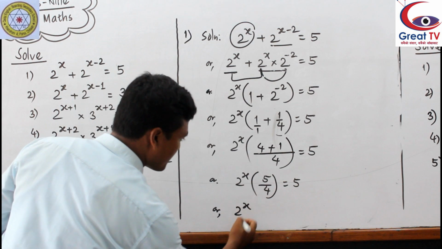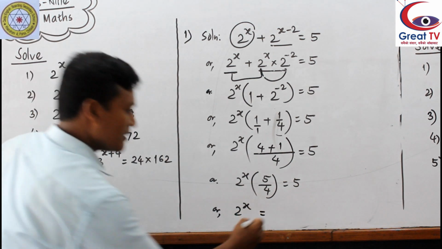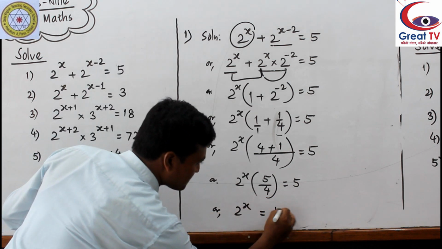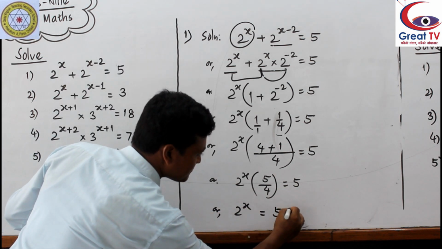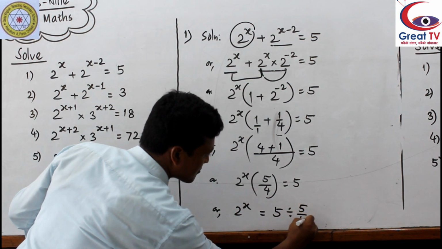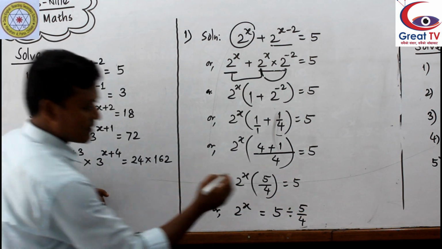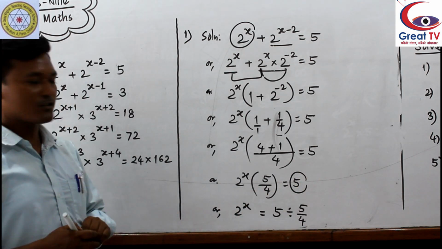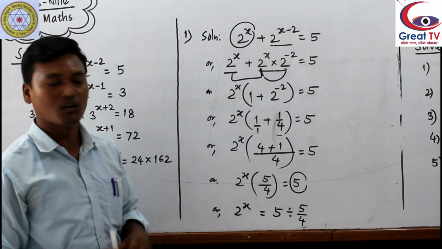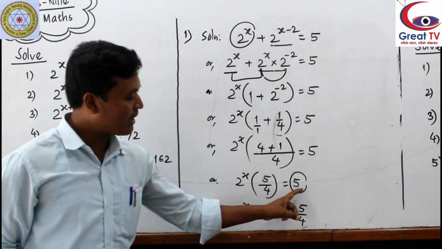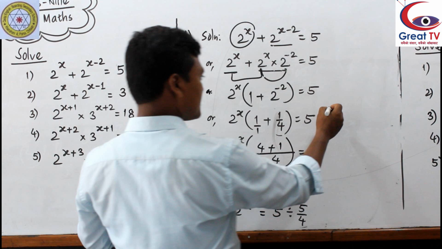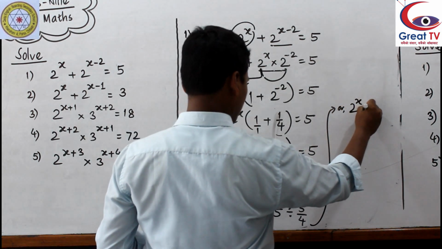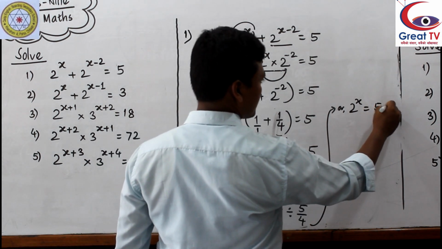So go this way: 2 to the power x equals to, to make it easier to understand, 5 divided by 5 upon 4. Just divide this 5 by this much. You can do the sum directly also by using the direct idea. But 5 divided by this much. Then after the sum steps over here, overall 2 to the power x equals to, then 5 times.